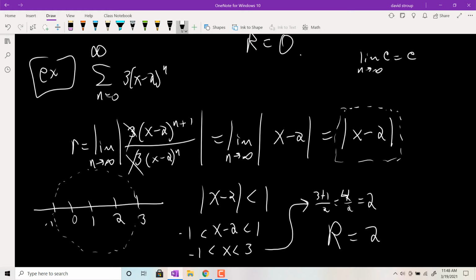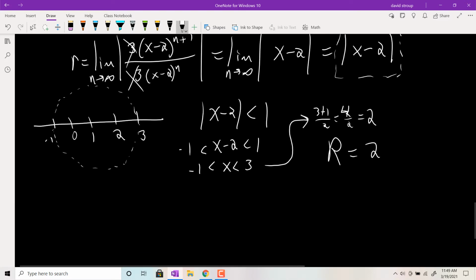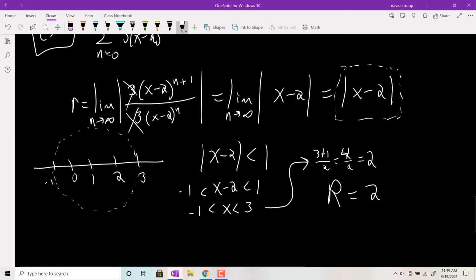Okay, so the full distance, of course, is 1, 2, 3, 4 units, but the radius we think of as half of it. So 4 divided by 2 gives you 2, and that will be telling us where this thing's convergent.